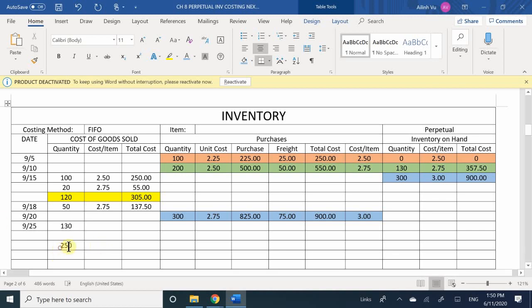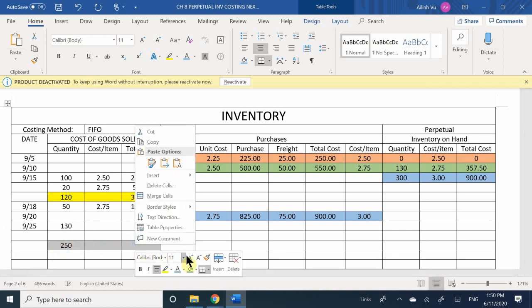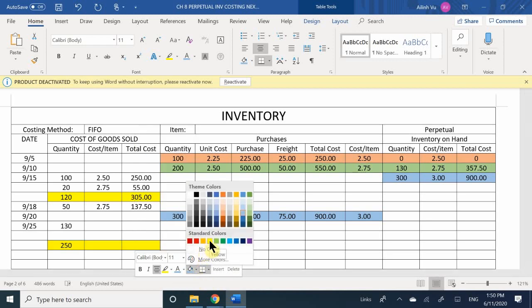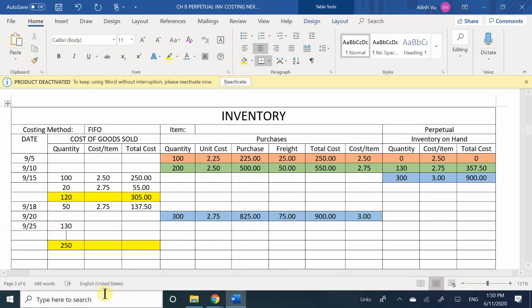Let me make this a calculation. If we need to get to 250, what do I need to take out from the next batch? 120. So our green batch is a total of $357.50. For the second batch, how much is the cost per item? $3 per item.